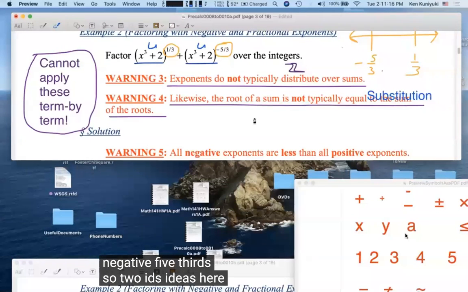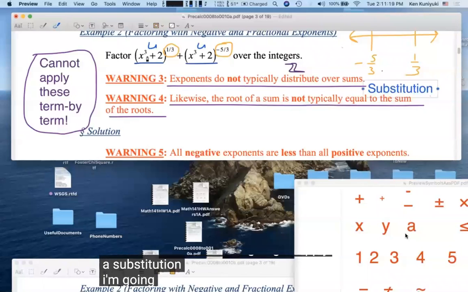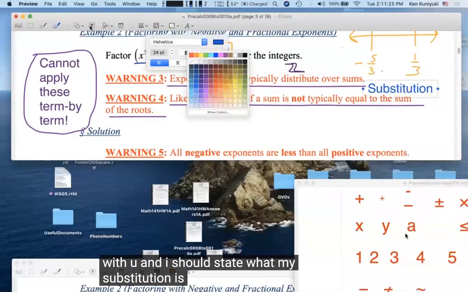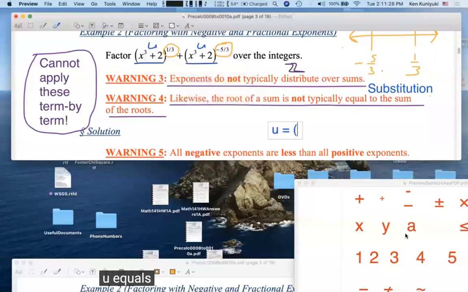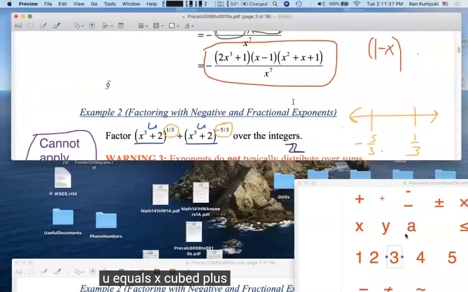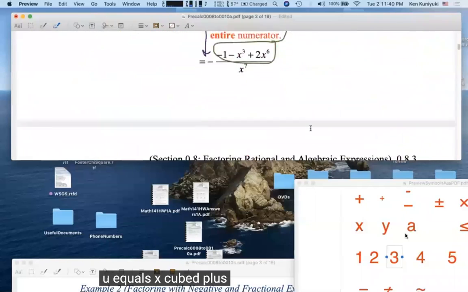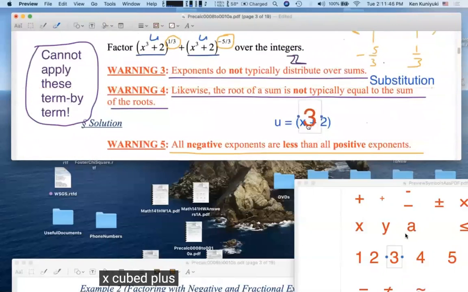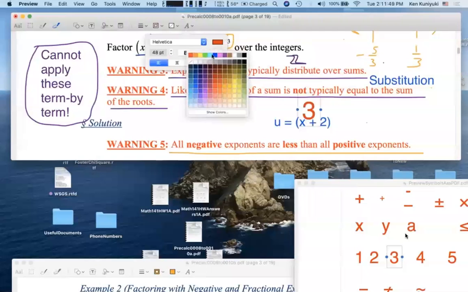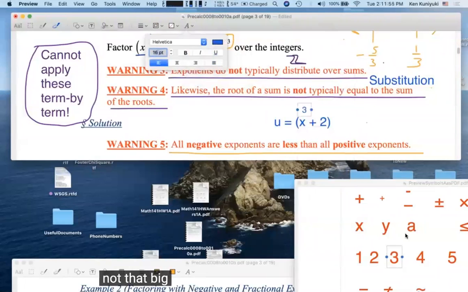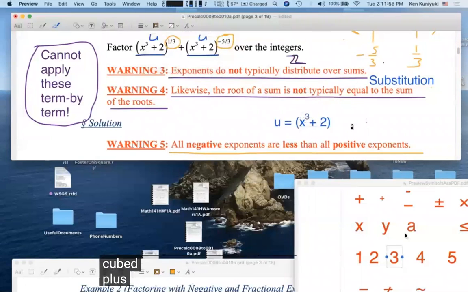So two ideas here. I'm going to apply a substitution. I'm going to substitute x cubed plus 2 with u, and I should state what my substitution is. u equals x cubed plus 2.